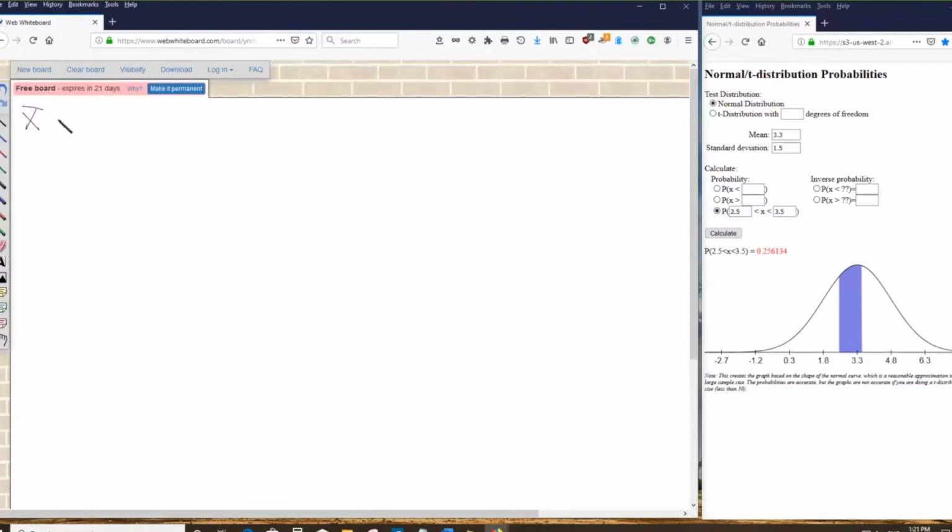Okay, so you've got X. You've got the normal distribution, your mu of X, sigma over the square root of n. So this is the notation. Your mu of X is going to be the same as the original.